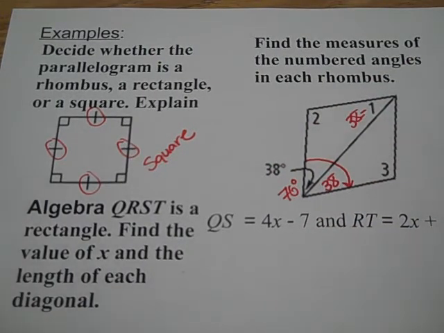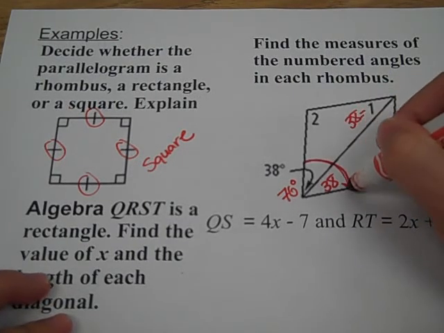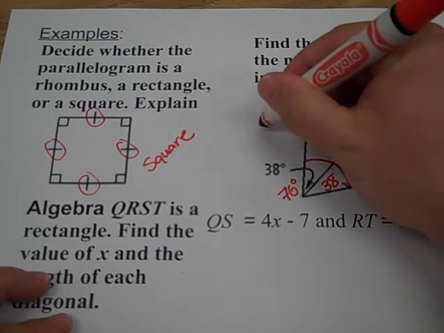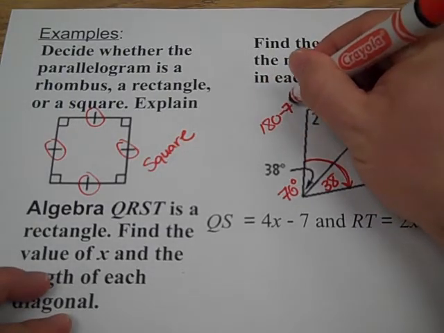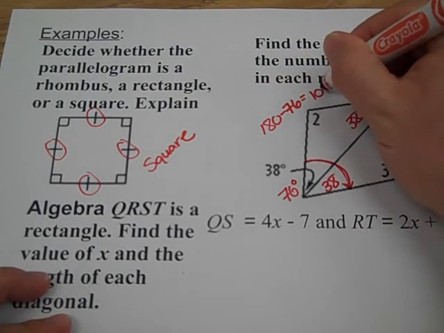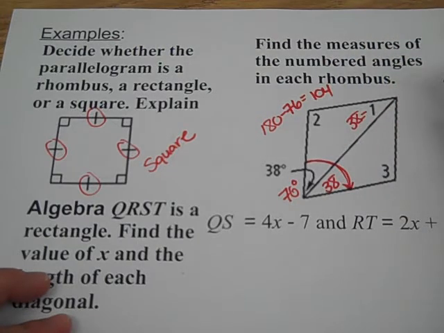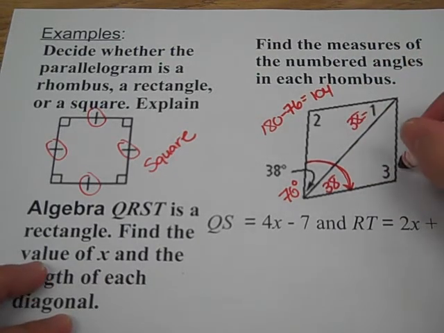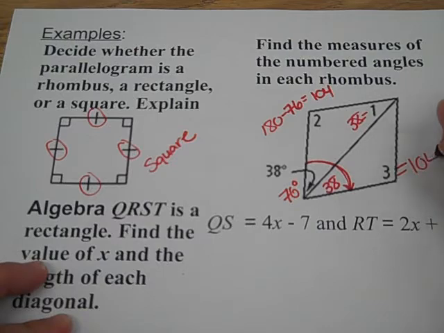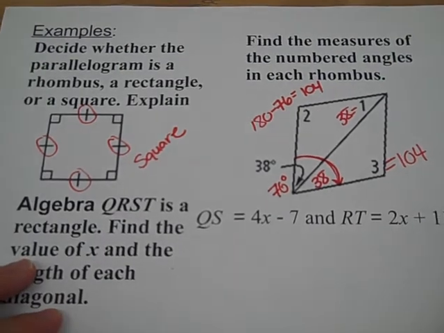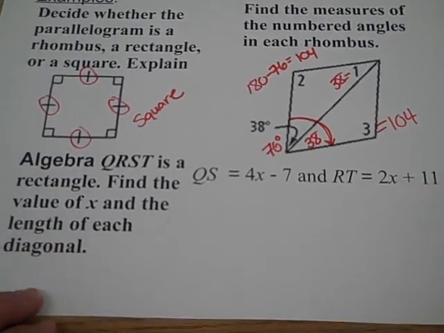In parallelograms, consecutive angles are supplementary, so if this angle is 76, then angle 2 is 180 minus 76, which is 104 degrees. And then opposite angles are congruent, so angle 3 is 104.